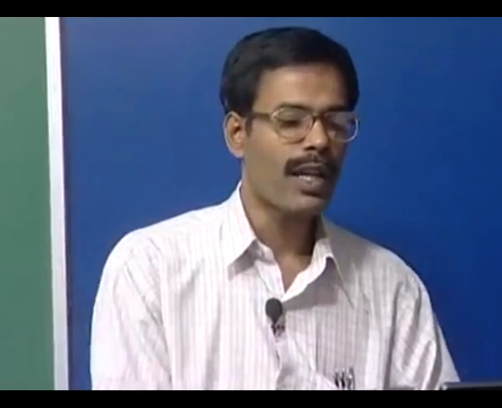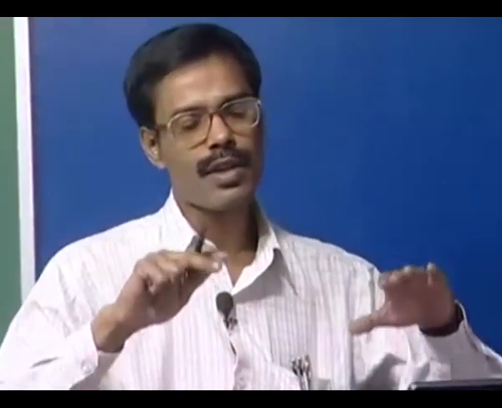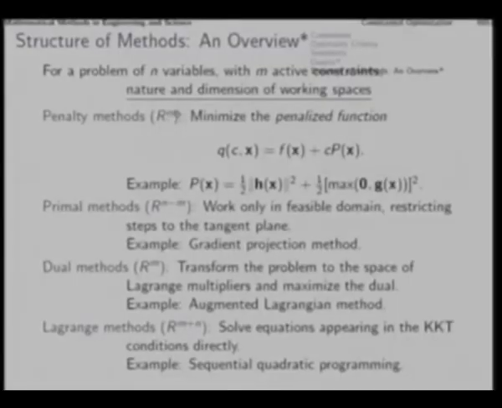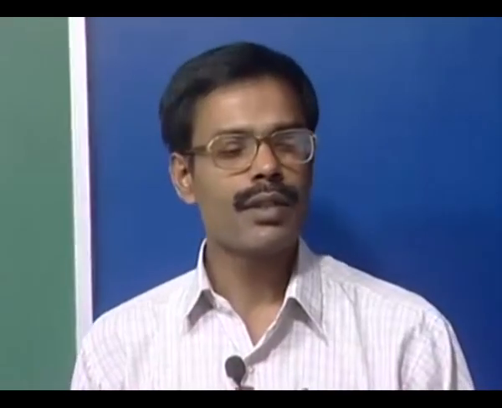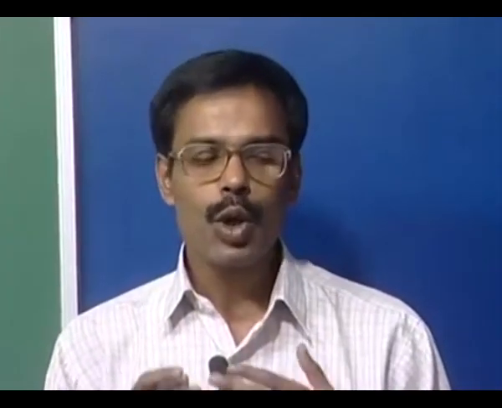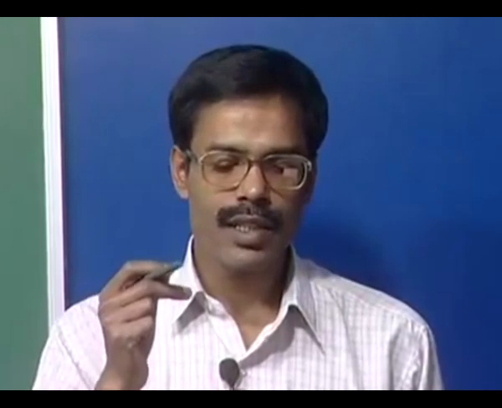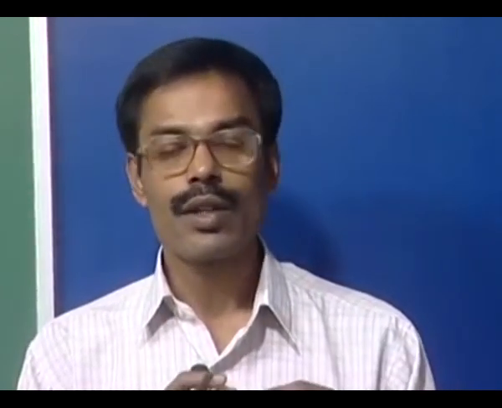So, this is one way of handling the constraints in the setup of an unconstrained optimization methodology itself, and this search is made in R^n, the same space of the primal variables, the original x variables of the problem. Now, there are some methods which operate only on the feasible space, and they are called the primal methods. They do not give any chance to constraint violation.